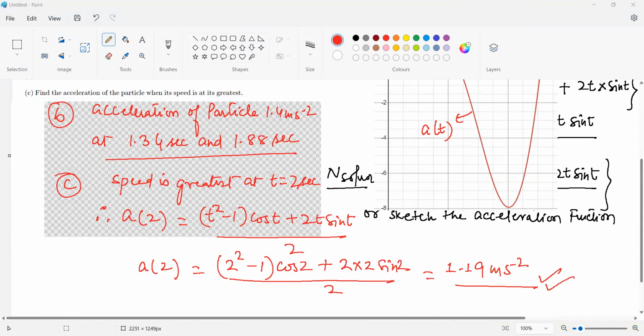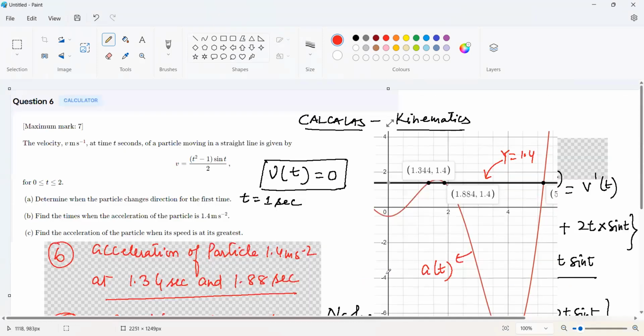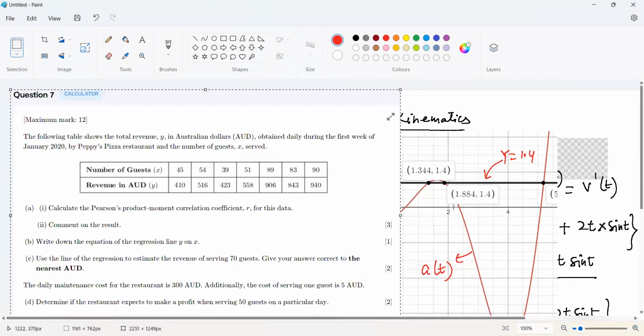Come to question 7. Question number 7, section B. This question 7 is of section B of paper 2.